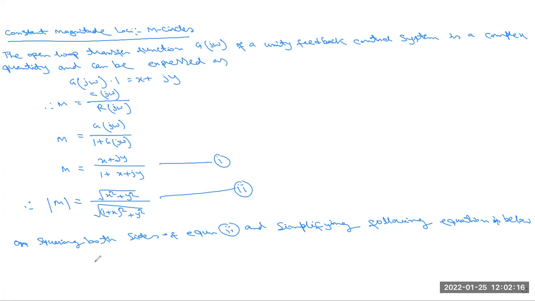The equation comes into this pattern: 1 minus M square into x square minus 2M square x, plus 1 minus M square into y square, equals M square. This is another equation, equation 3.